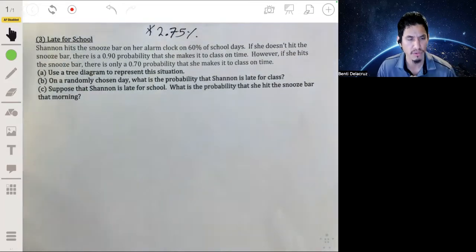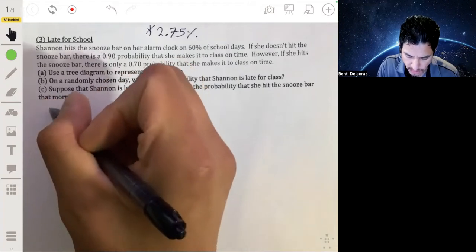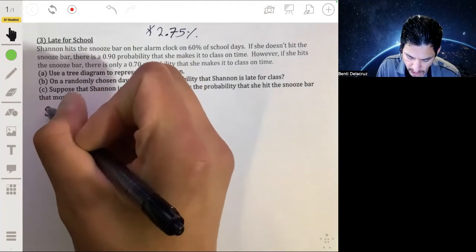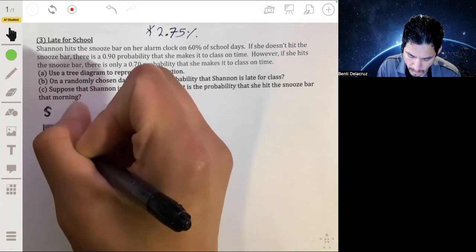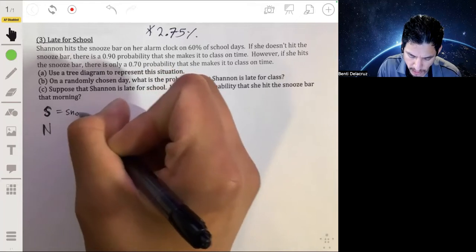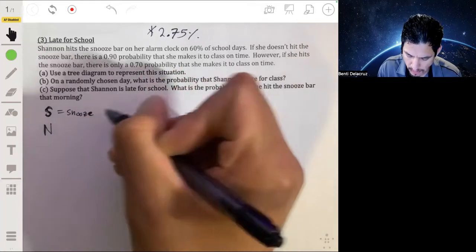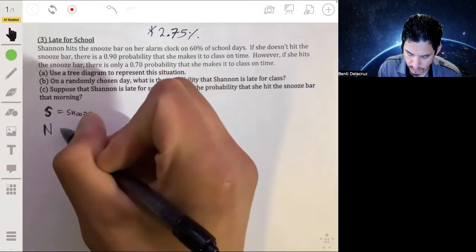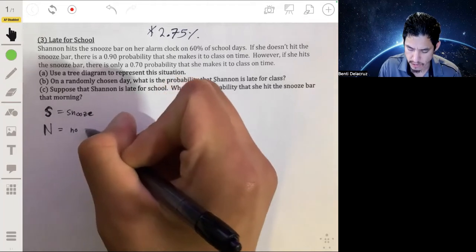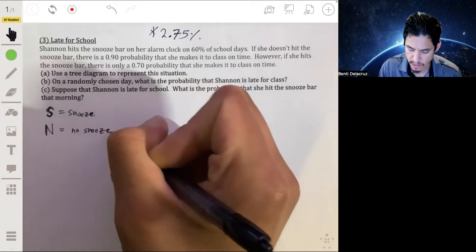So let's figure out what we're dealing with. She's either going to hit the snooze bar or she doesn't hit the snooze bar. That's how the day is going to start. So we say snooze bar, or no snooze for short.